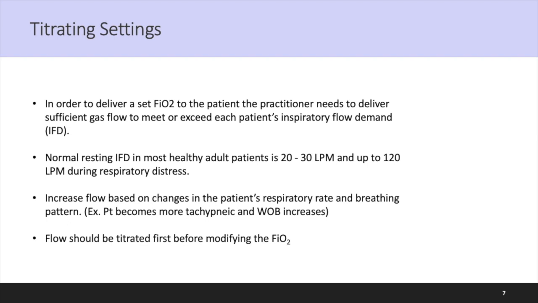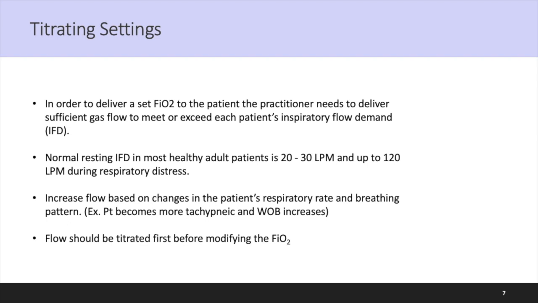I went over the normal inspiratory flow demands. Just realize that with normal tidal breathing in most adults, it's about 30 liters per minute. So we can increase our flow based on changes in the patient's respiratory rate and breathing pattern.